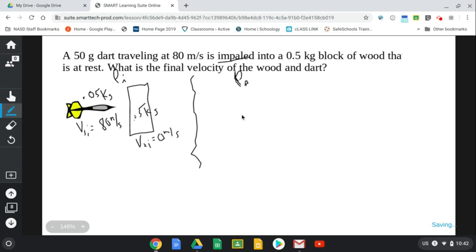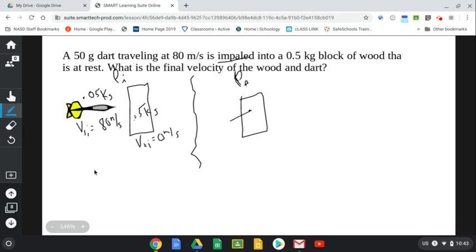So this is a perfectly inelastic collision. Because the two objects become stuck together and travel as one, this is a perfectly inelastic collision. So my dart is impaled and the two objects travel off as one.